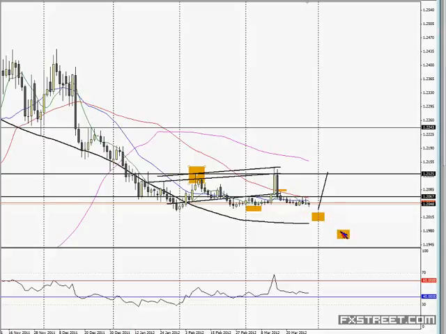Then you have a 55 pip risk and pretty much a 100 pip potential reward, and that actually comes up to 2-to-1 or close to 2-to-1. So that was the plan here.